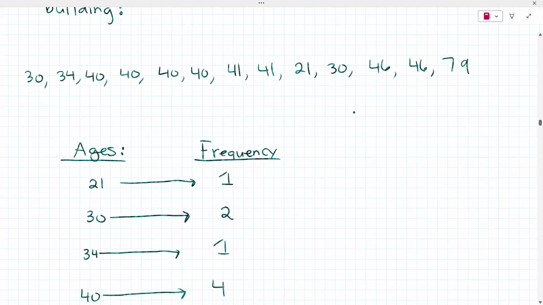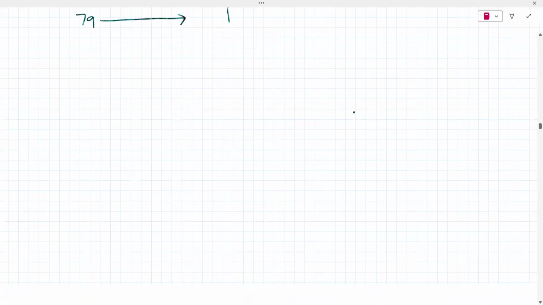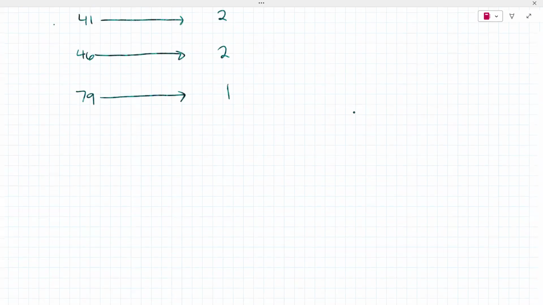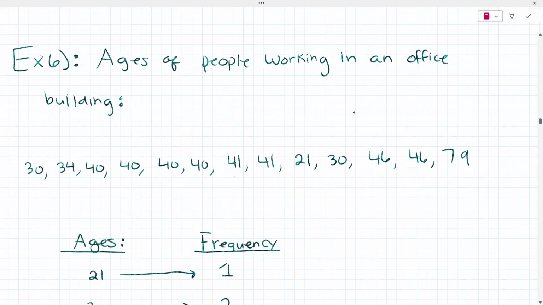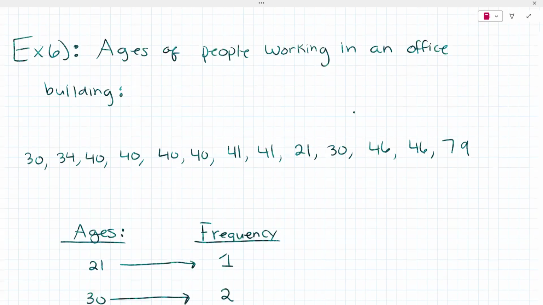Now let's do the line plot. Okay. So if you look at our numbers, our ages, our smallest age would be like 30, or no, 20. And then our highest is like in the 70s, right? 79.